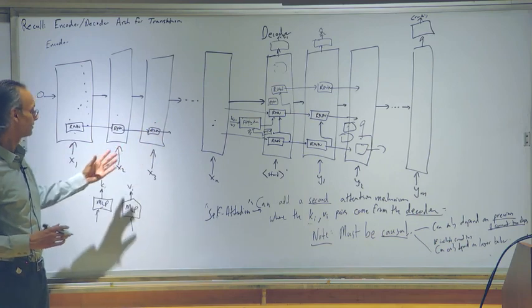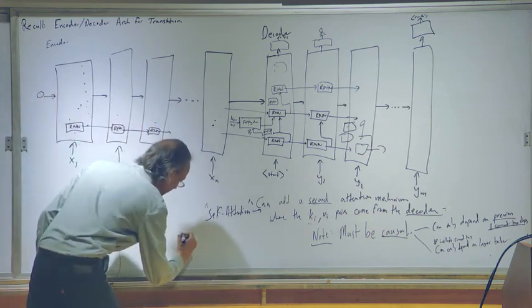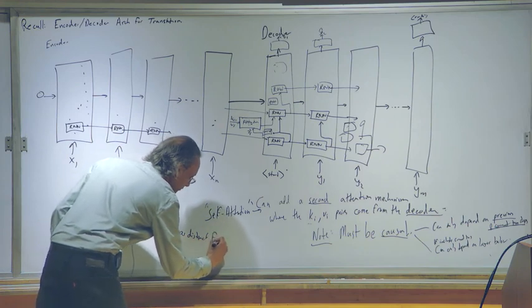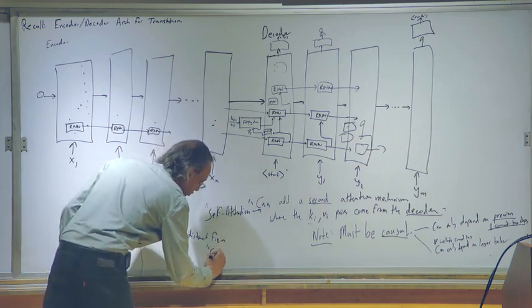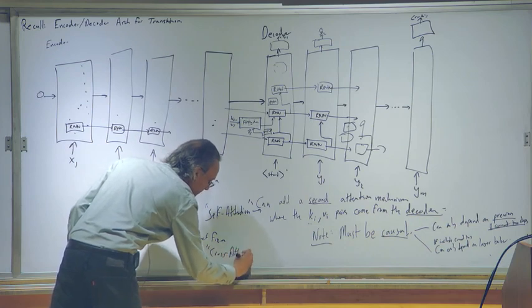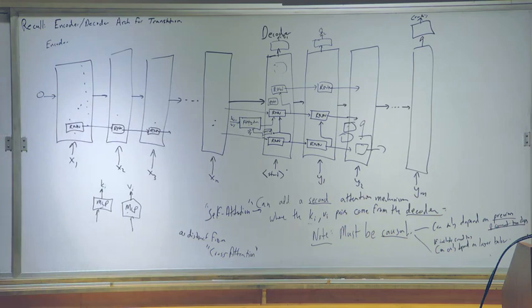The other one, the one we introduced first, is called cross-attention, where the key value pairs are populated by something else. Okay?